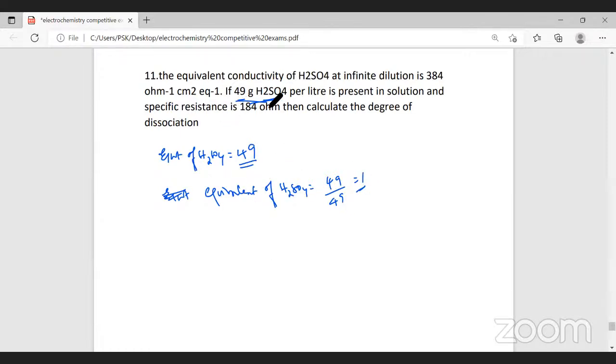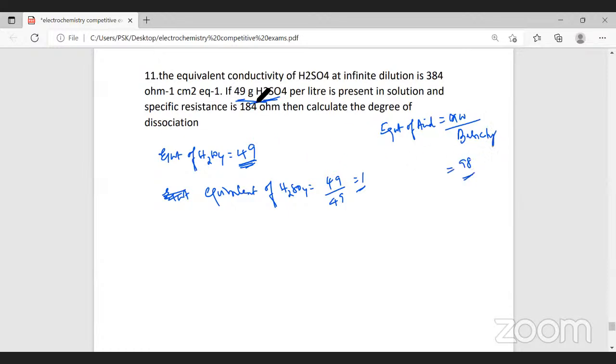They've given 49 grams of sulfuric acid, and equivalent weight of sulfuric acid is also 49. How do you find the equivalent weight? Equivalent weight of an acid is given by the formula molecular mass divided by basicity. Molecular mass of sulfuric acid is 98.